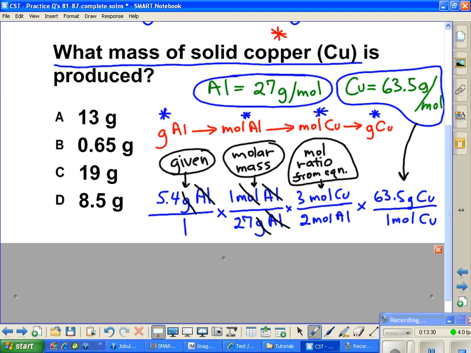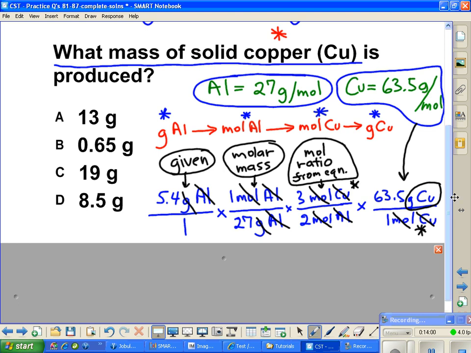And that cancels with moles of aluminum down here, and that number 2 in the moles of aluminum comes from the balanced equation, of course. We cancel moles of copper. This moles of copper up here comes from the balanced equation. The one down here is from the molar mass. And the only unit of measure that we have left at the end is grams of copper.